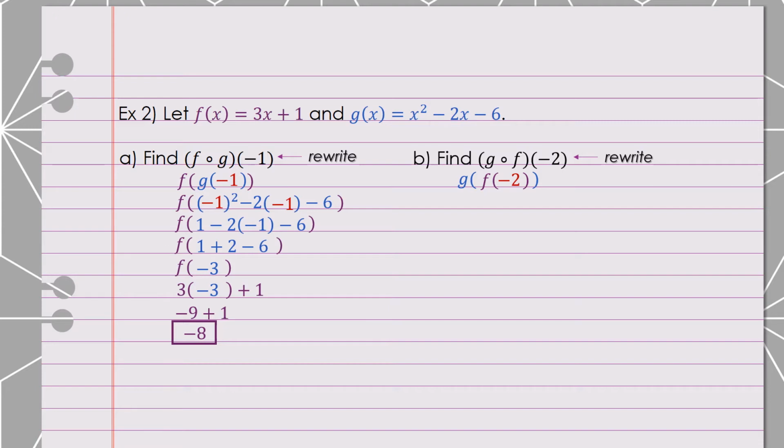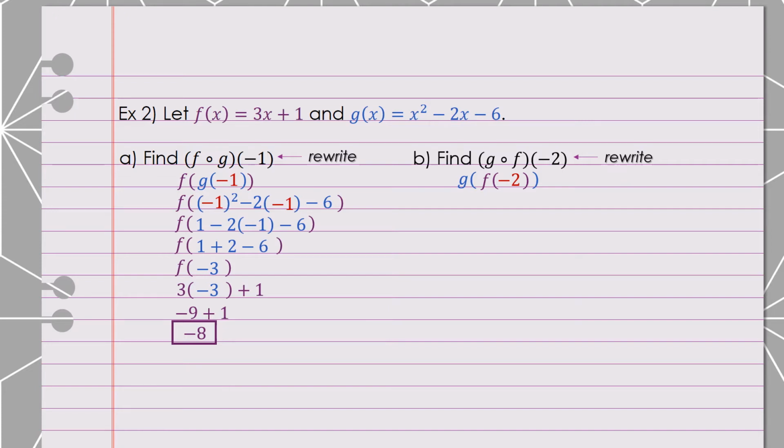And so it would be written as such. Now, we always start in the middle and work our way from the inside out. There's nothing we can do inside the innermost parentheses because all we see is negative 2. So we zoom out to the next parentheses.